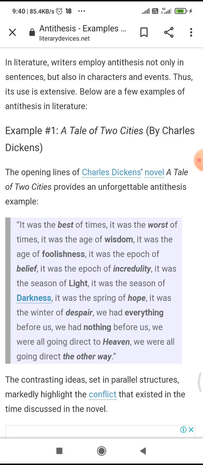The highlighted words reflect the parallel structures or contrasting ideas. So, you can understand easily what type of contradiction or contrast has been shown in these lines.